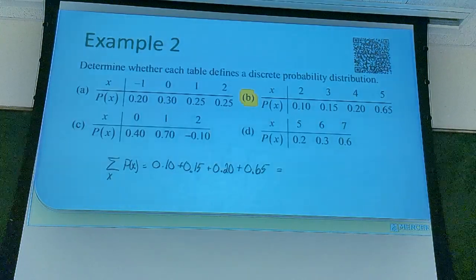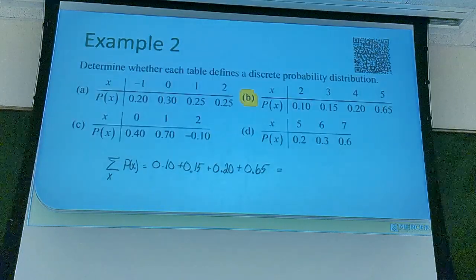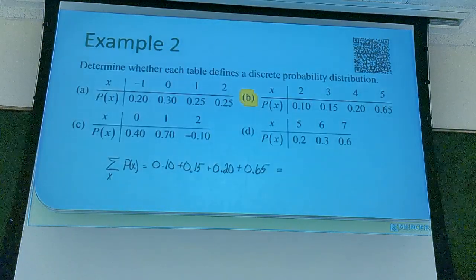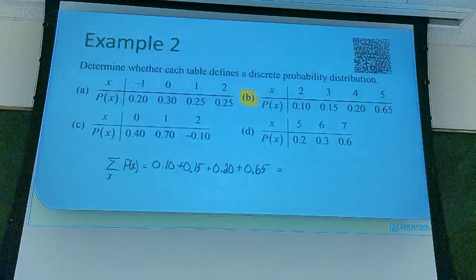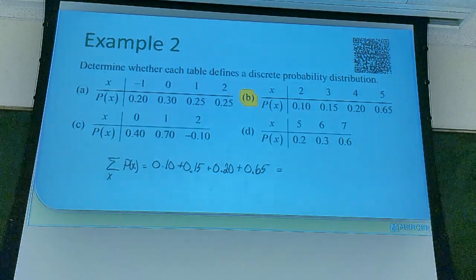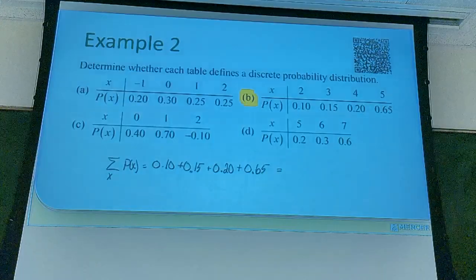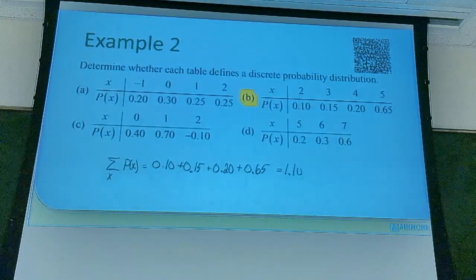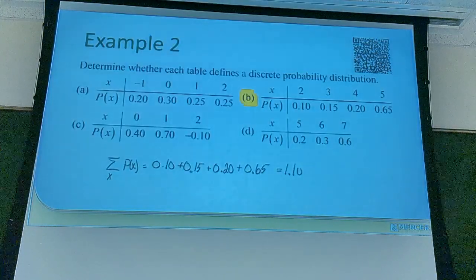Then we plug it into a calculator. 65 and 20, that one's easy, 85. 85 and 15, it's 100. 100 plus 10 is 110. Not a distribution.